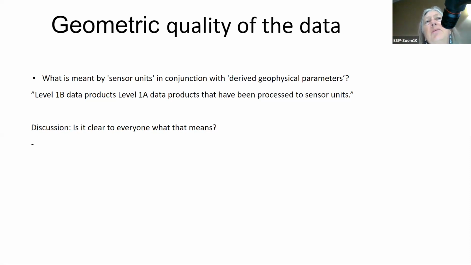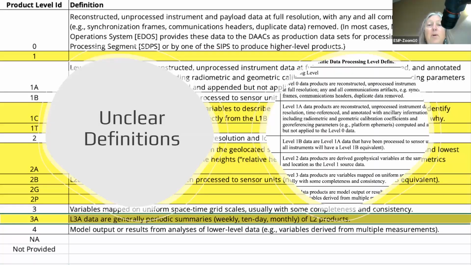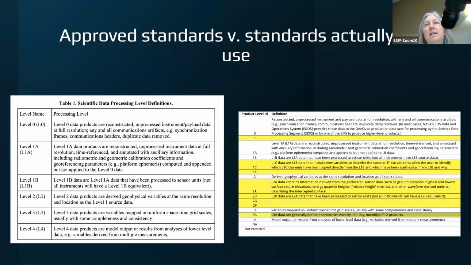Can I jump in too and say, we have an issue here. I'm going to back up again to this slide, but we have an issue with processing levels getting added, but they're completely unvetted. Some of them don't even have definitions. And I'm going to speak for ESCO here.